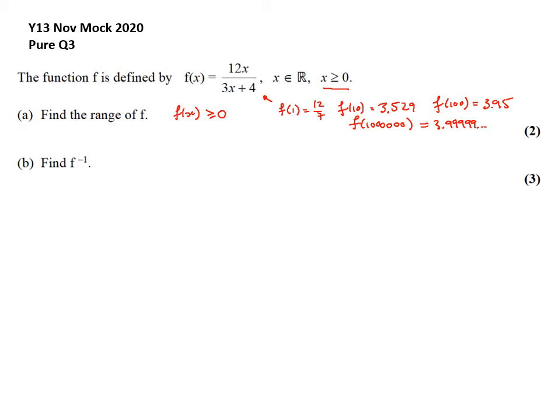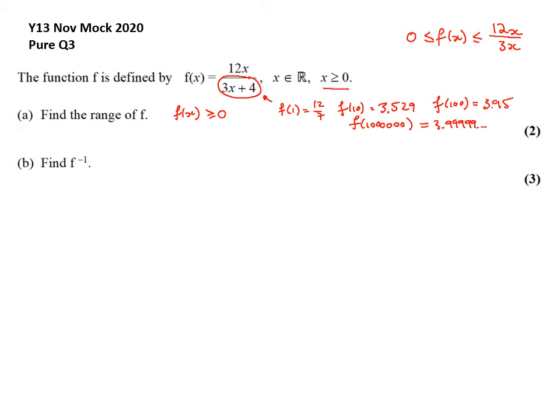And if we have a look at this, we can see that f of x is greater than or equal to 0, but it's also less than 12x over 3x. In our function, this denominator, 3x plus 4, is greater than 3x.